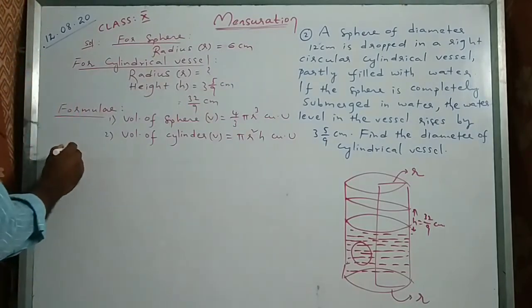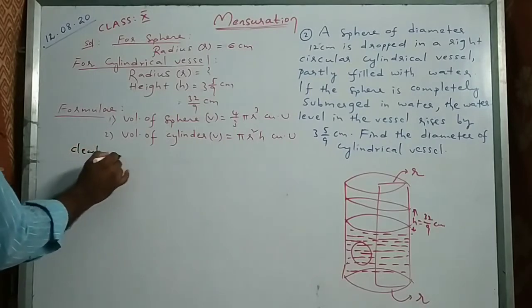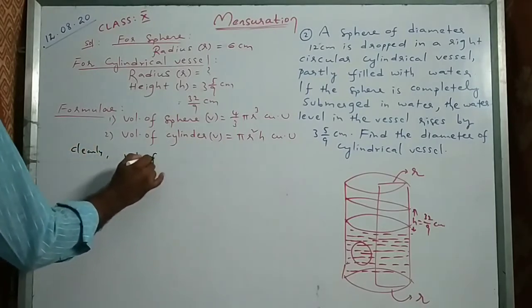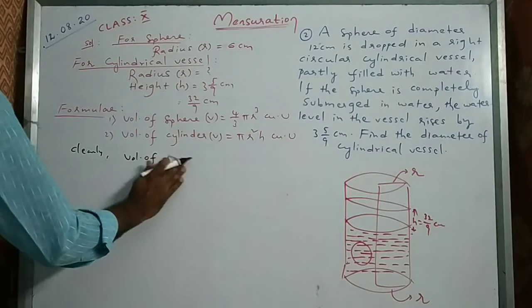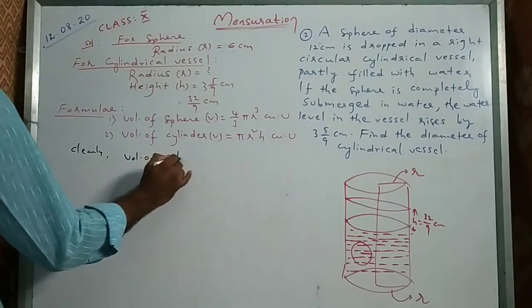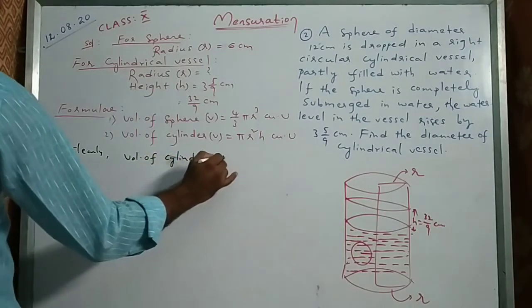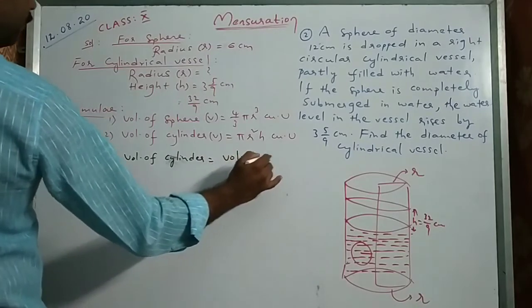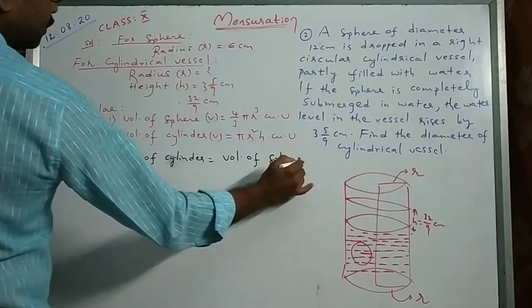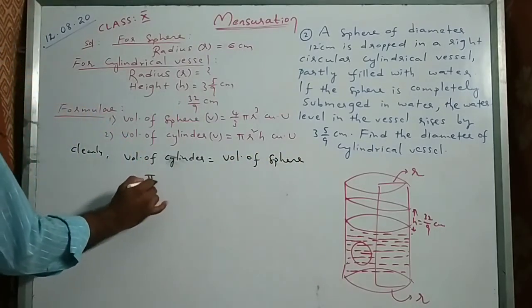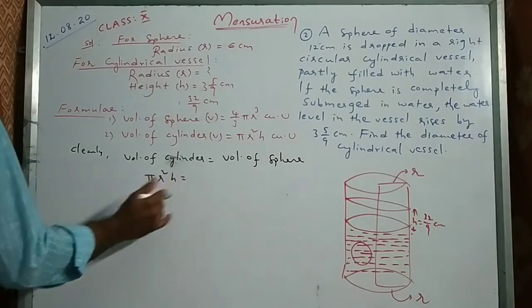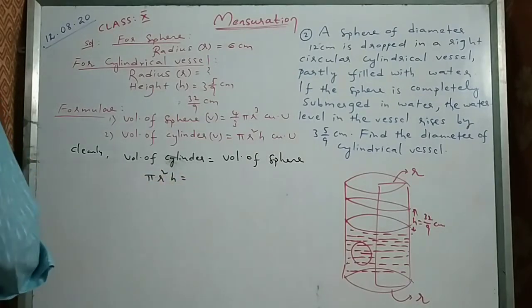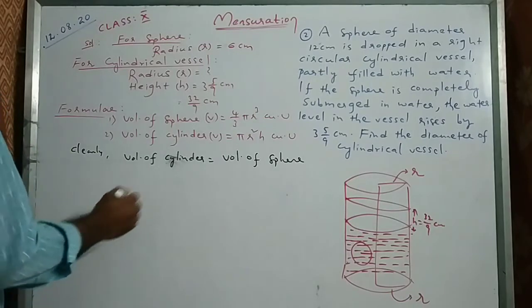Let me see. So clearly volume of cylinder is equal to volume of sphere. So volume of cylinder, I know, pi r square h. Substitute the values.